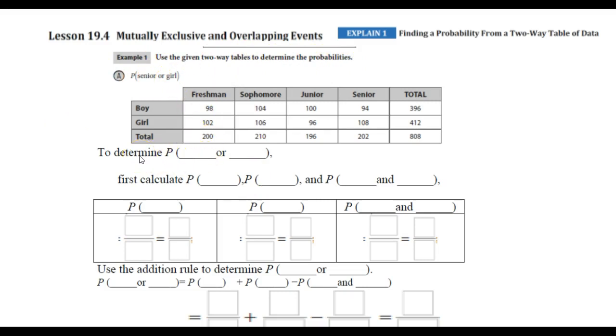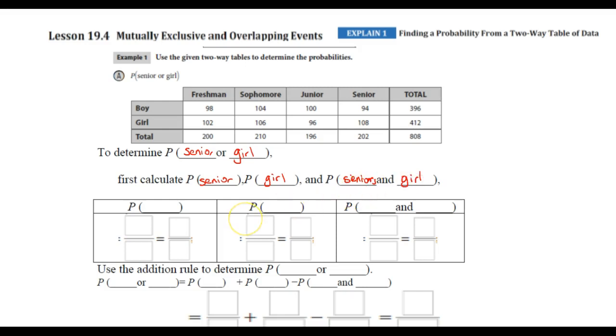So let's determine the probability of either a senior or a girl by first looking up the probability of just a senior, the probability of just a girl, and of course the seniors who are also girls.